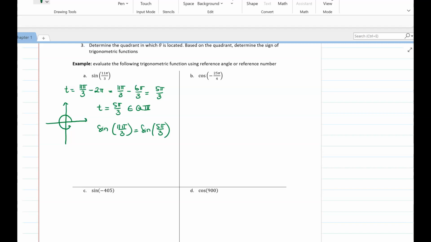Now, because t is in quadrant 4, t bar is equal to 2 pi minus 5 pi over 3, and that is pi over 3.